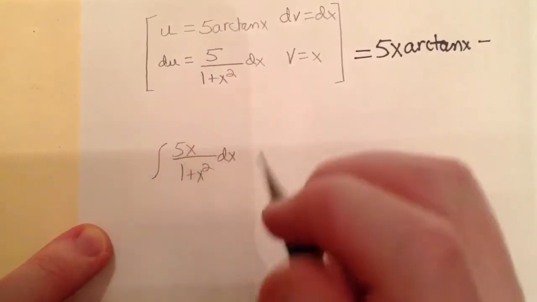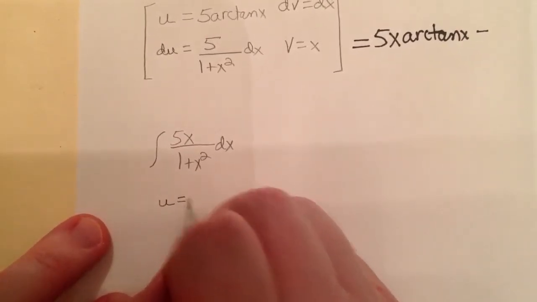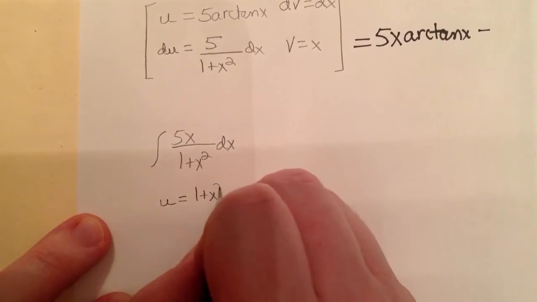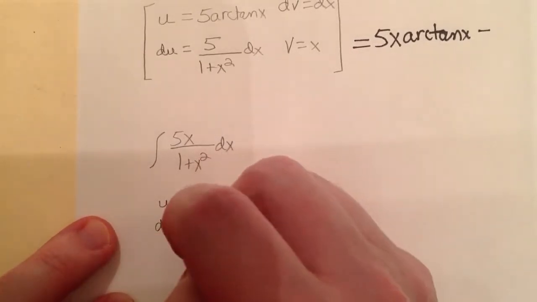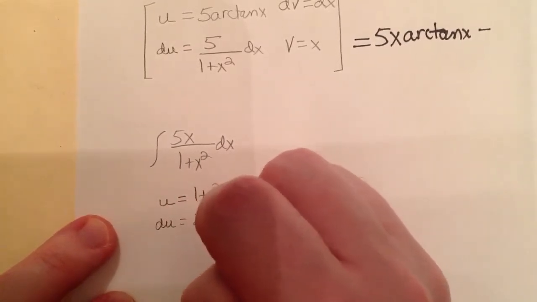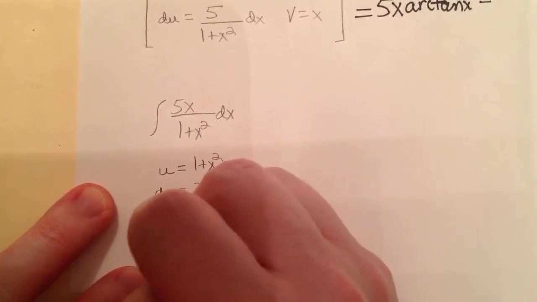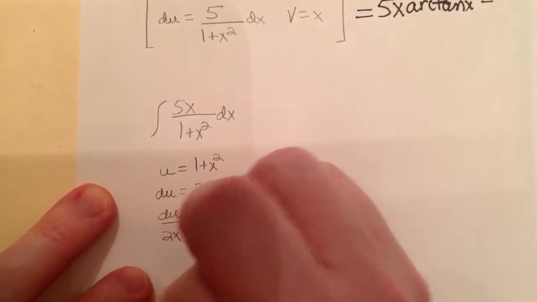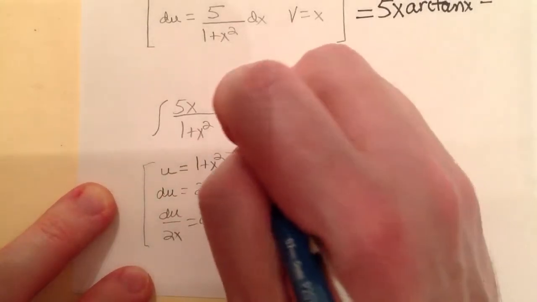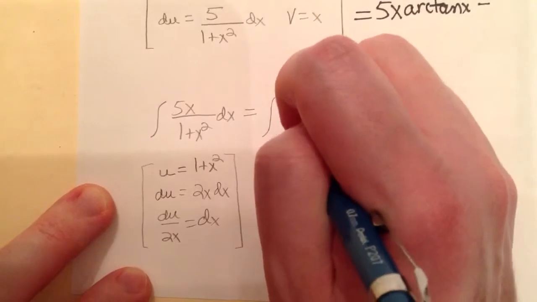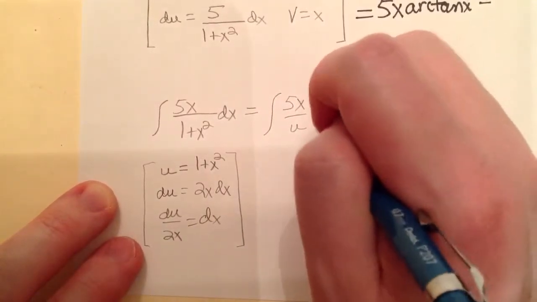There's a 1 degree difference between the denominator and the numerator, and so if we were to apply substitution for this second integral, the derivative of the denominator will be 2x dx, whereupon du over 2x is equal to dx. As we apply substitution, we're looking at the integral of 5x over u, and for dx we have du over 2x.